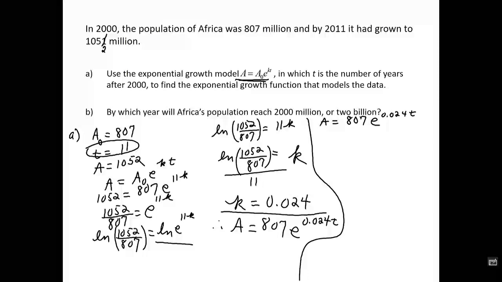All right, so by which year would the population reach 2,000 million or 2 billion? So in other words, in what year will A be 2 billion or 2,000 million? So A in this is 2,000 million. So we substitute, and now we solve it.